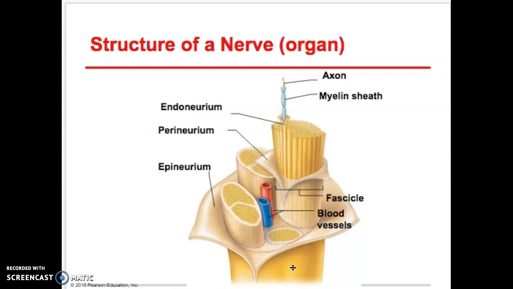Peri means between. So the perineurium is the connective tissue that separates the fascicles. And the endoneurium means within. So within the fascicles, surrounding the axons and their myelin sheath, we have endoneurium. Okay? These prefixes you're going to see again later in 217 and also in 218.